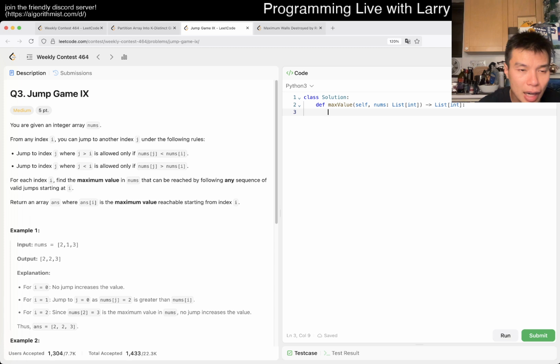From nums i, jump to another index j. Jump to j if i is less than j, but okay. This is so confusing. Okay, so i goes to j if nums j is smaller, or goes to the right maybe, right?